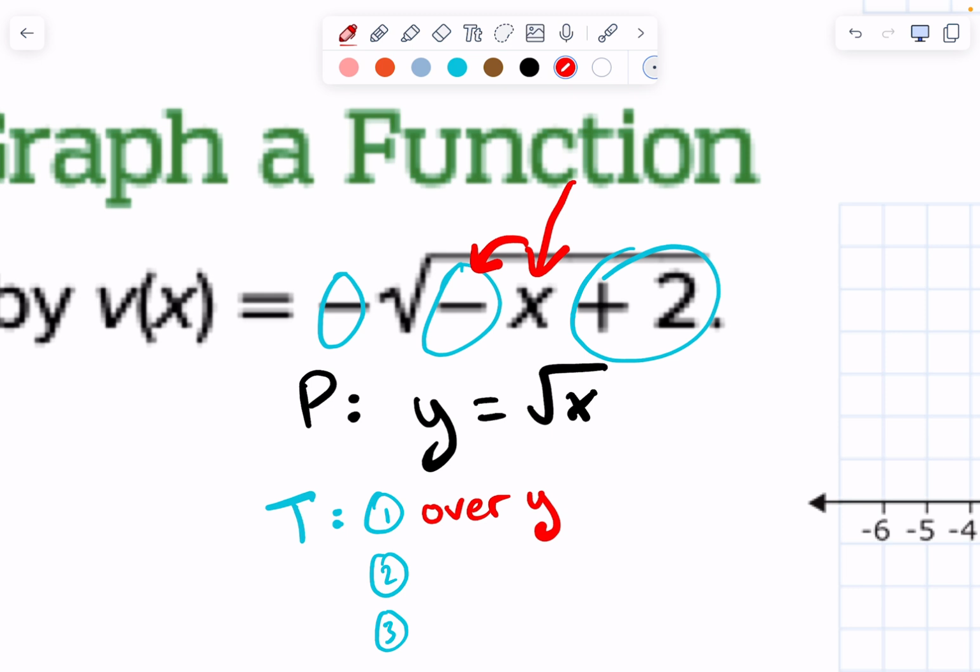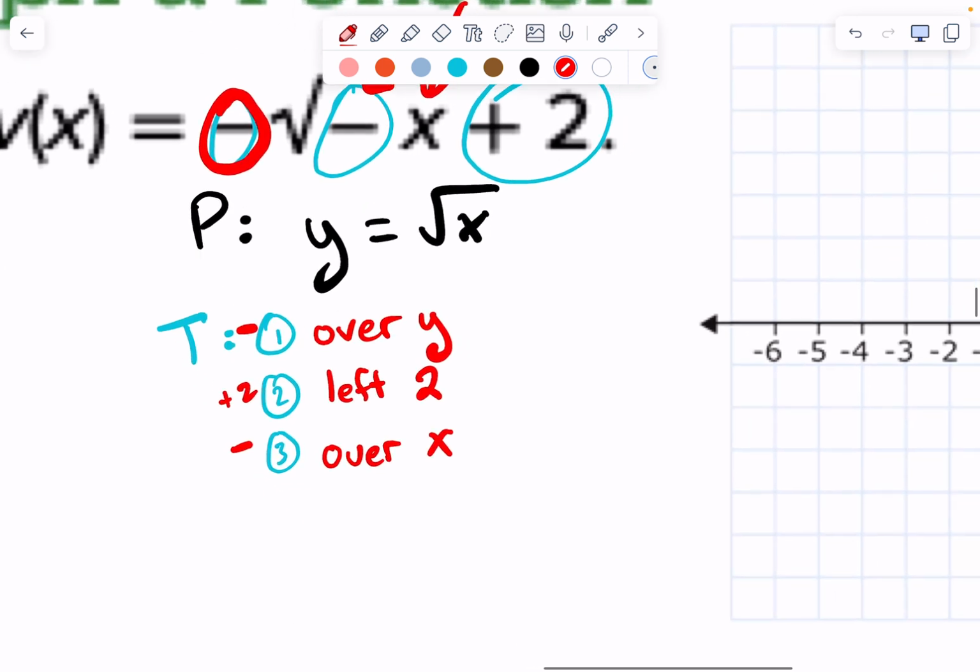Now, am I going to apply the negative or the 2? I'm going to add the 2, and adding the 2 moves him to the left 2, because he's underneath. So we apply the negative, we add the 2, and then we apply the last negative. The last negative flips him over the x.